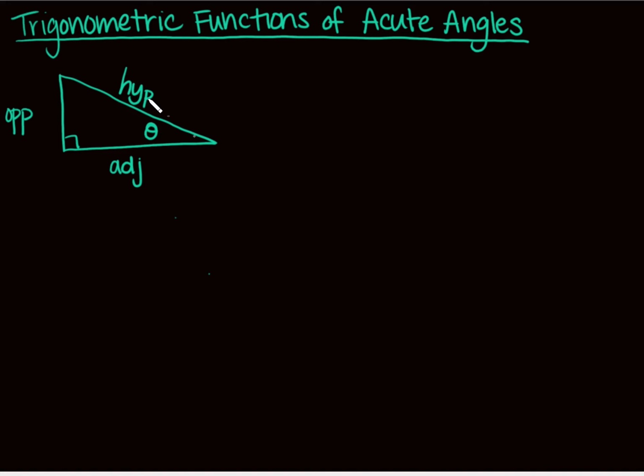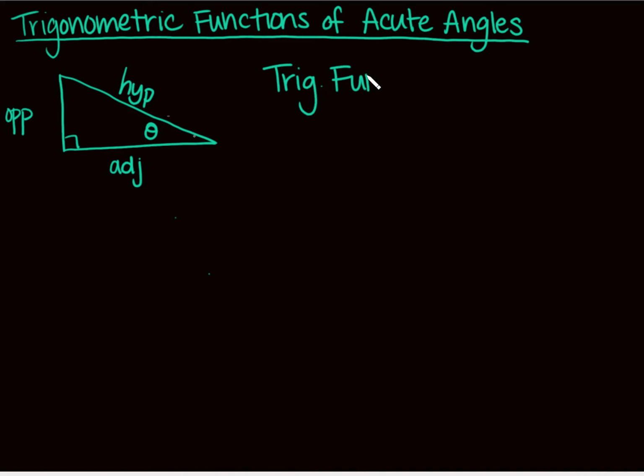Okay, and so our 6 trigonometric functions. Let me go back and erase that really quick. There we go. Sorry, getting back into this after break. So these are our trig functions, or trigonometric functions.